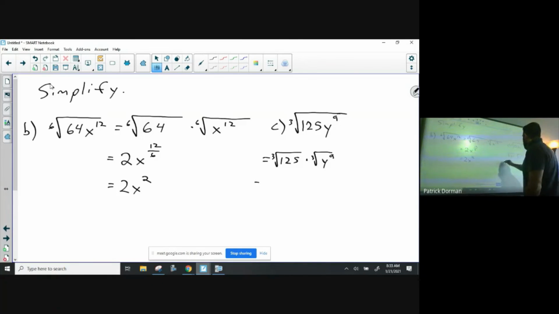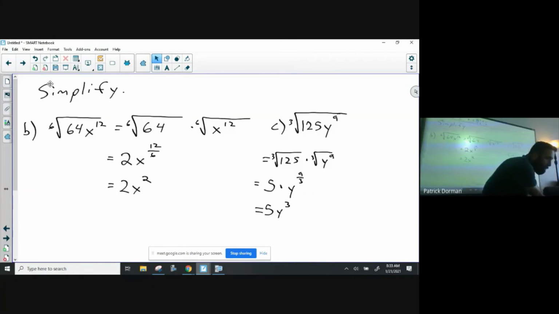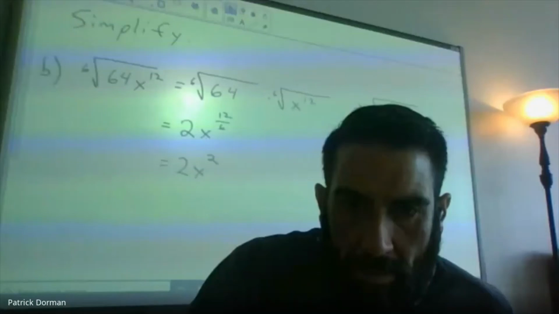It turns out that 5 times 5 times 5 is 125. So the cube root of 125 is 5. And then this is y to the 9/3 power, or 5y cubed. Well, all right. So that was nice to get a couple more in there, I think. Cool.